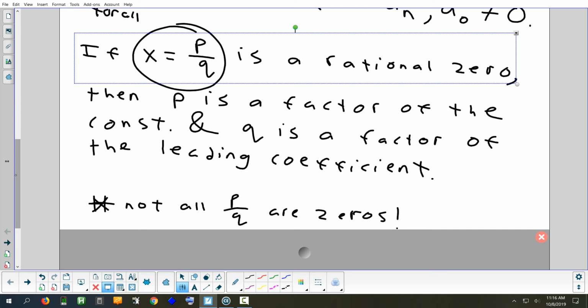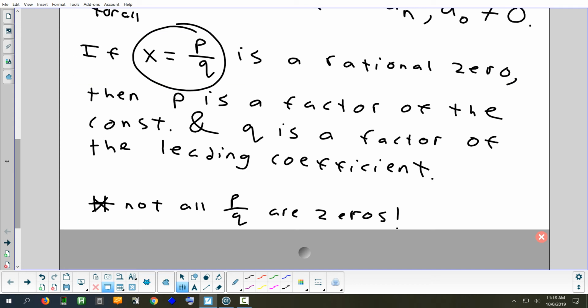Or, after doing all that work, you know what? None of these are correct. And what that would mean is you have a problem without any rational zeros. So keep in mind, the rational root theorem just gives you a list of stuff, and you have to look at that list and narrow it down.